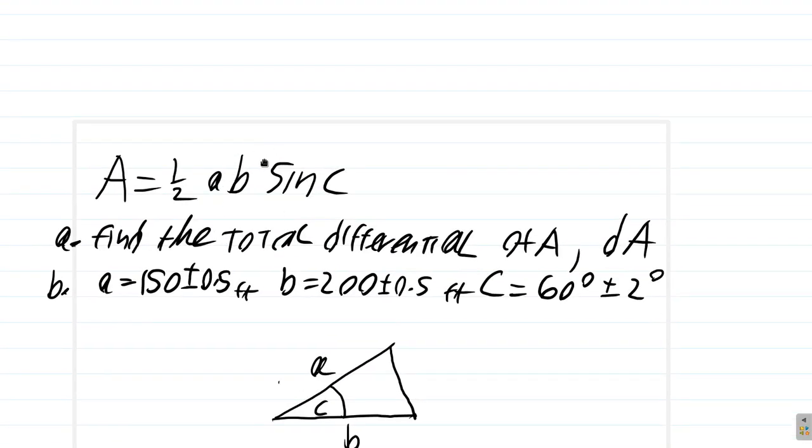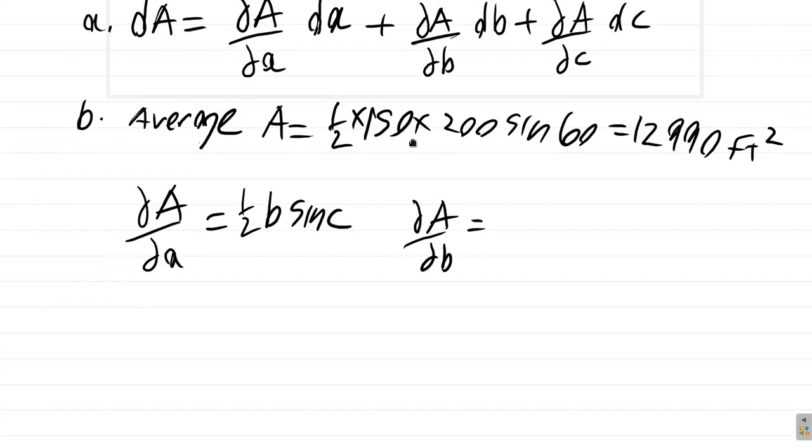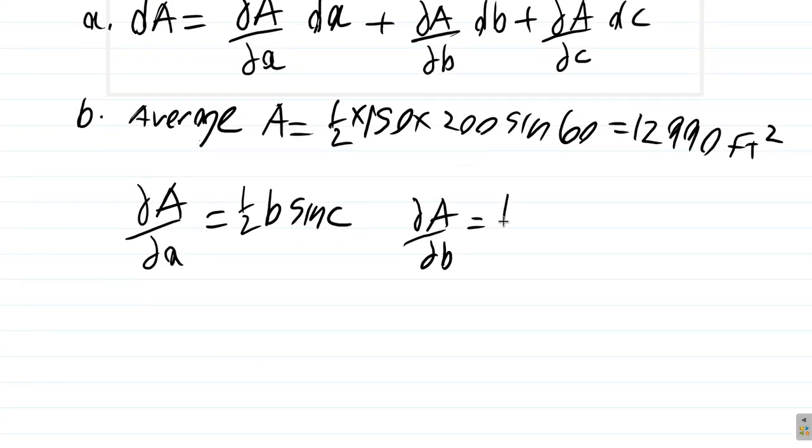Power rule again: you multiply by the power of b, which is 1, and reduce the old power by 1, so b to the 0, which is 1. You get half a sine C.